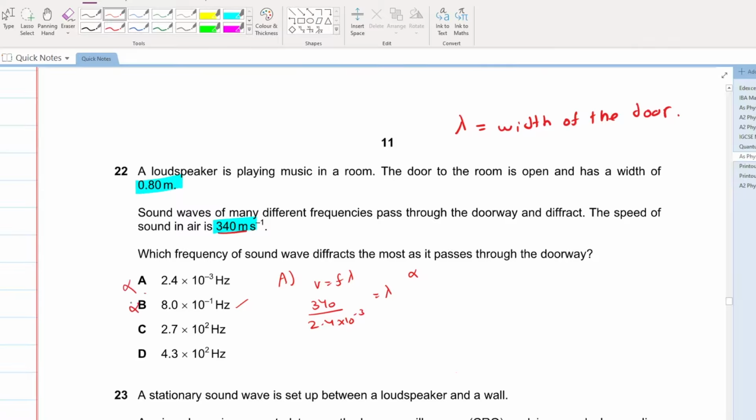Let's try out option C. 2.7. And I would really advise you guys to do this alongside, because you will realize how many calculations you have to do. Now option C is also not your answer, because in option C you have a wavelength of 1.25 meters.